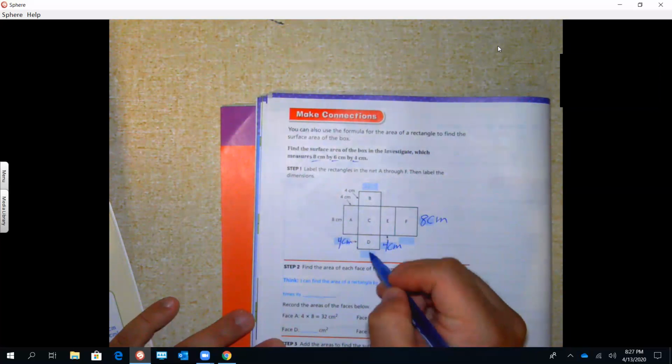So we got 8, 4, and this has to be 6 centimeters, 6 centimeters. Remember, this is the top. If this is the base, this is the top. So that's 6, 6. This has to be a 6. This has to be a 6.